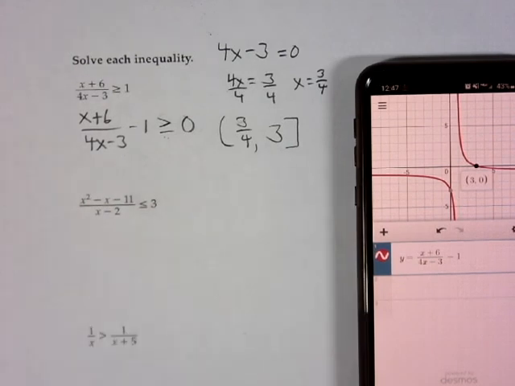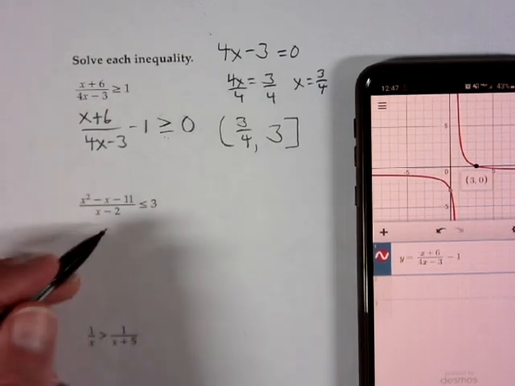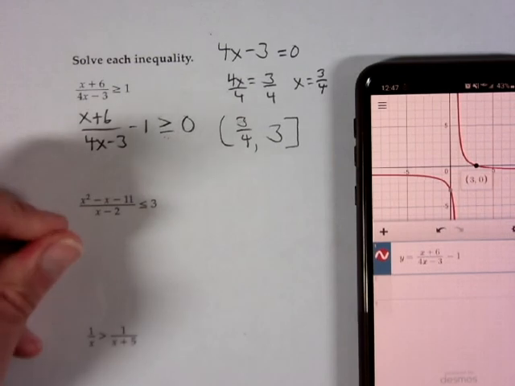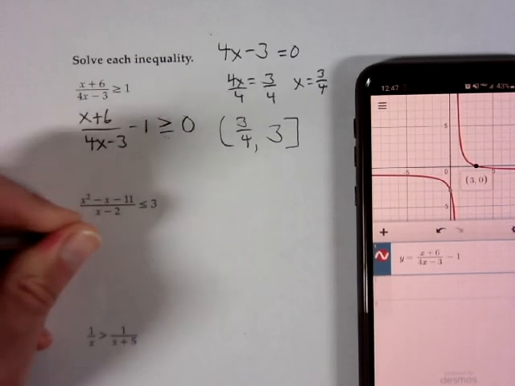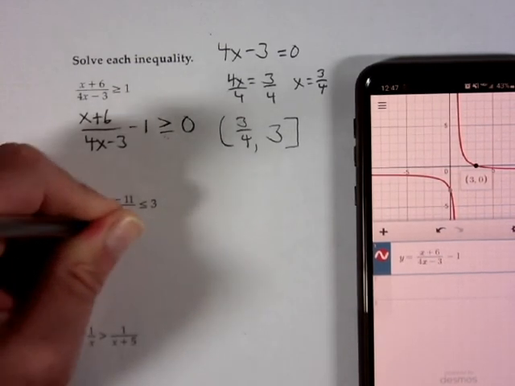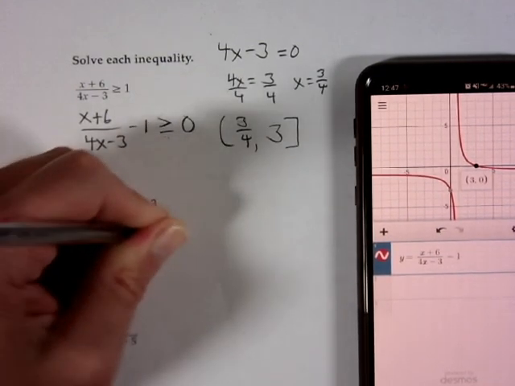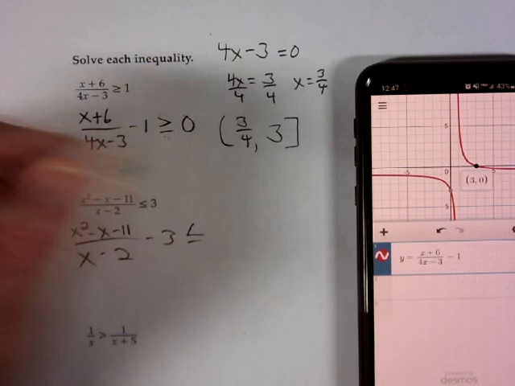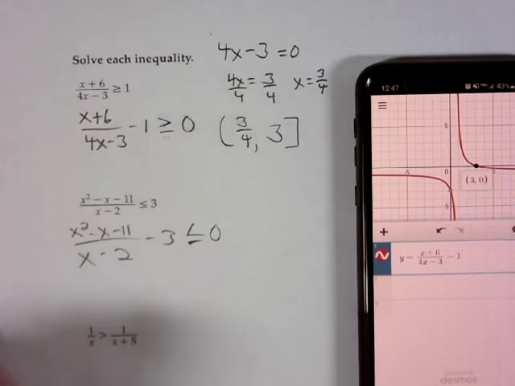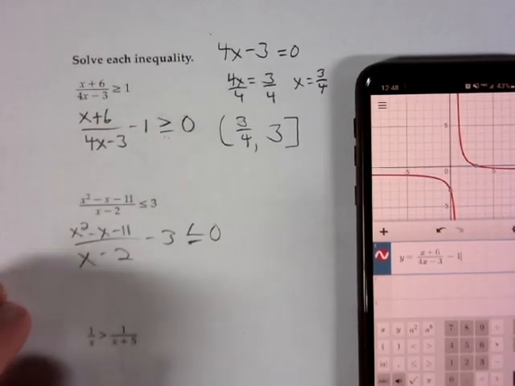All right? Next one. Okay, so for this one, I've got to move the 3 over to the other side. And when I do, it'll be x squared minus x minus 11 over x minus 2, minus 3, less than or equal to 0. So first step, get it set equal to 0 on one side.